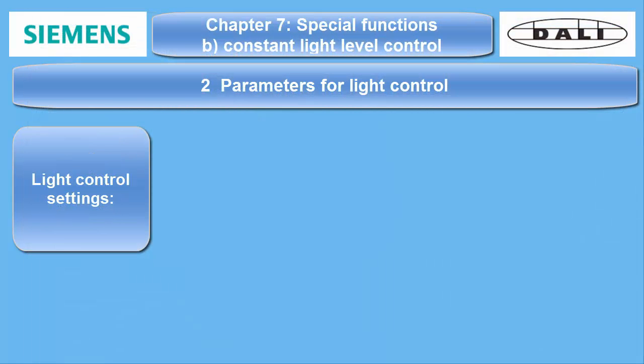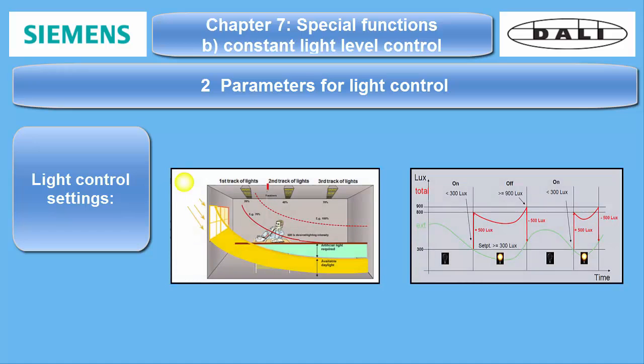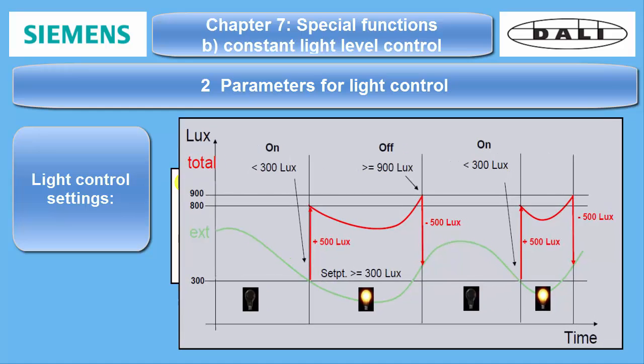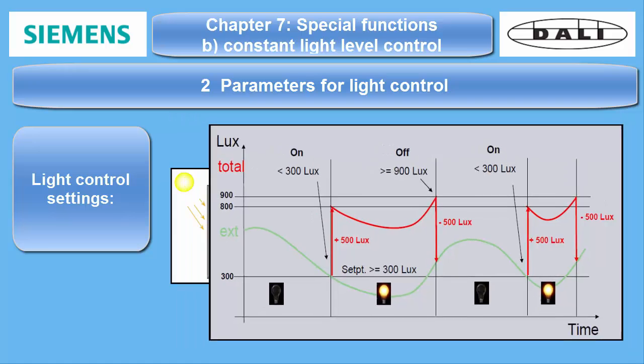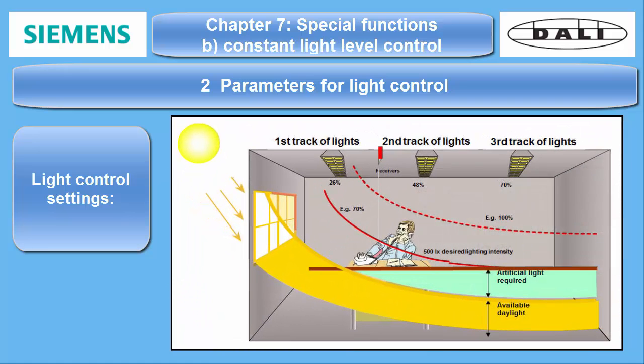B. Light control. Here at first we have to decide if a simple 2-point light control is sufficient or nothing else is possible, for example if there are no dimmable ECGs, or if the more enhanced and energy efficient constant light control should be used.